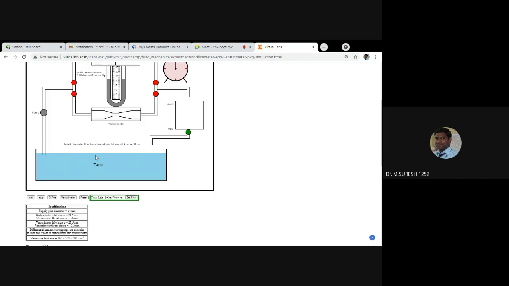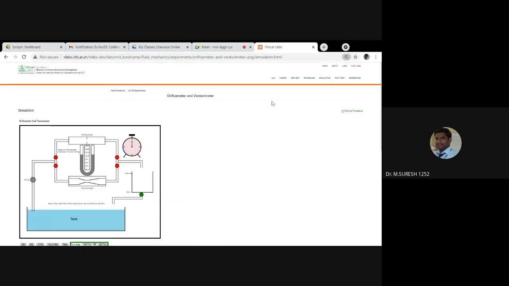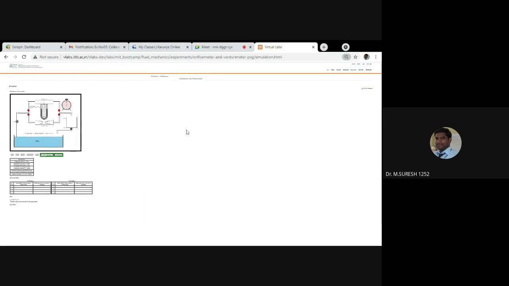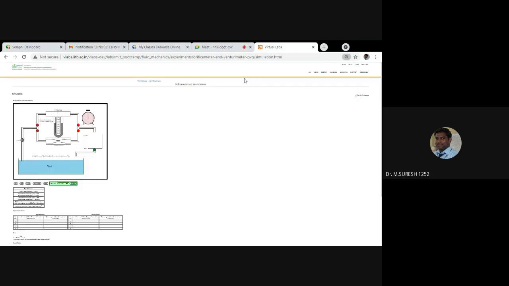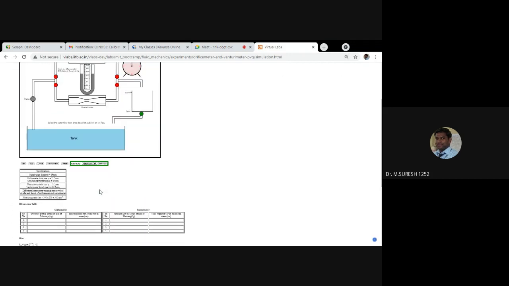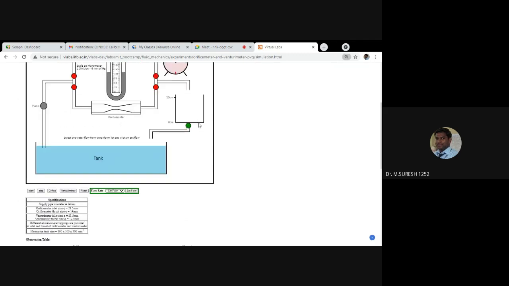If you look at the Venturi meter, let me minimize this. In this virtual lab, the steps are given here. We need to ensure which one to stop, either the Orifice meter or the Venturi meter.